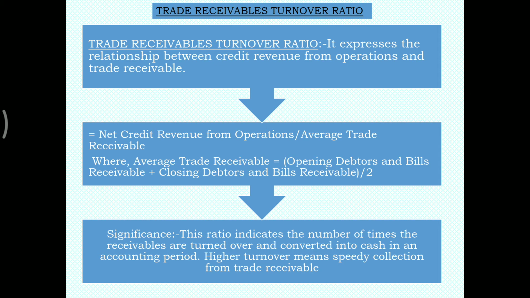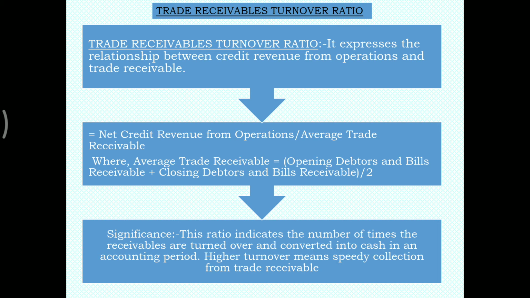Okay, and trade receivable, if you can remember, I think earlier we have discussed it. Trade receivable is equal to sundry debtors plus bills receivable, isn't it? Now, how can we calculate? What is the formula for calculation of trade receivables turnover ratio?